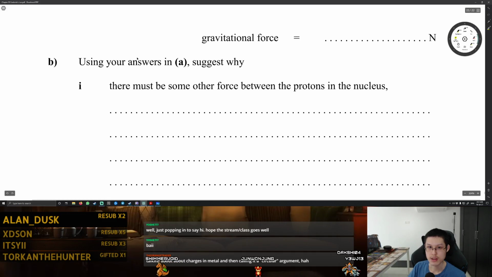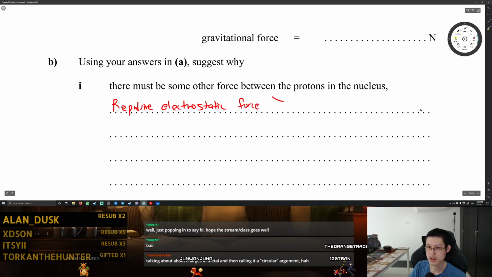So, suggest why there must be some other force between protons in the nucleus. So you just say that the repulsive electrostatic force is much greater than the attractive gravitational force.